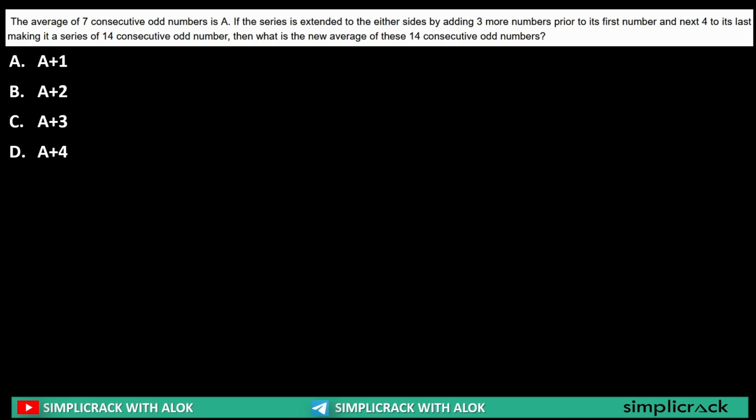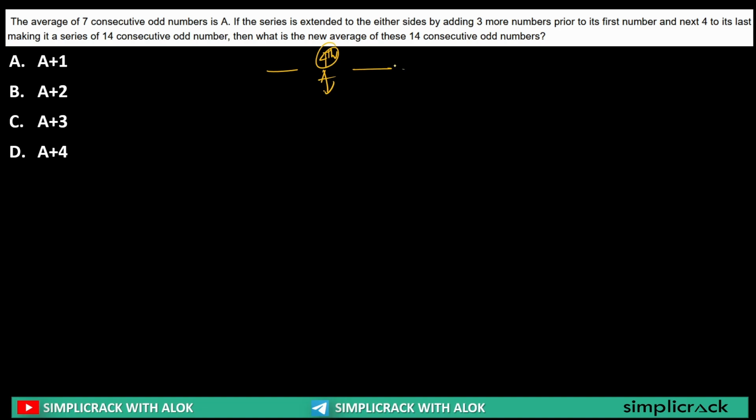Next question. The average of 7 consecutive odd numbers is A. That means the fourth number is equal to A. If the series is extended on either side by adding 3 more numbers prior to the first number and 4 more numbers after the last, making it a series of 14 consecutive numbers.